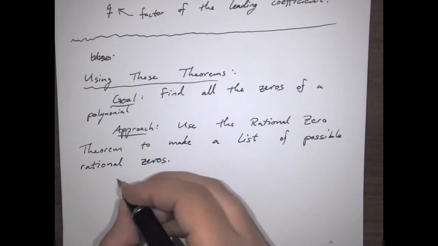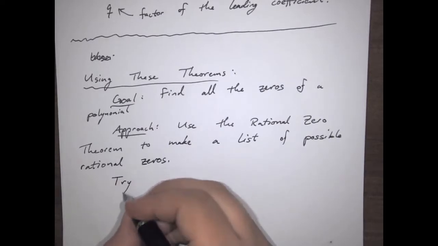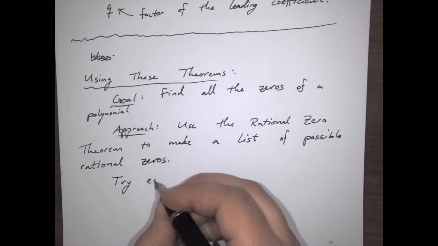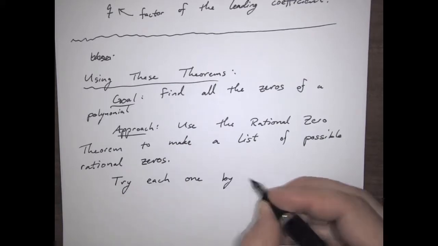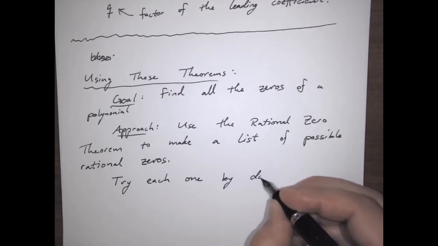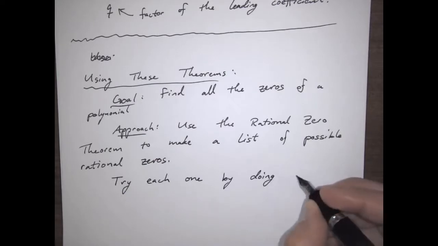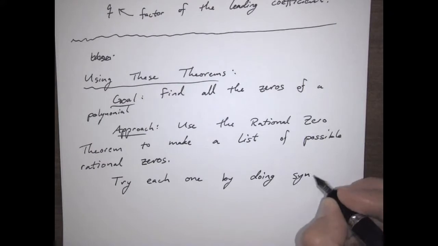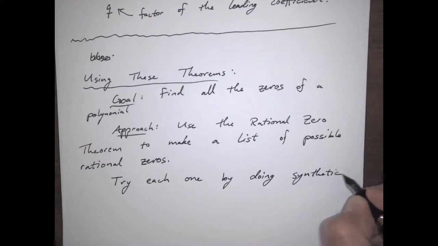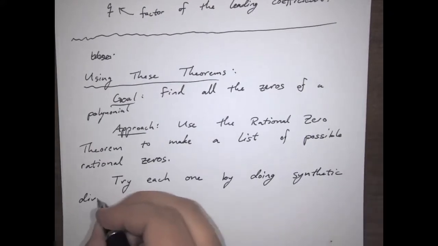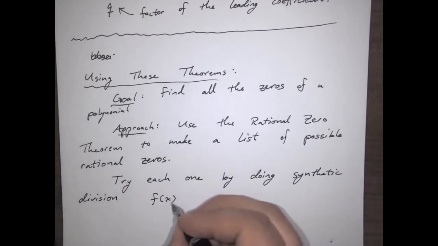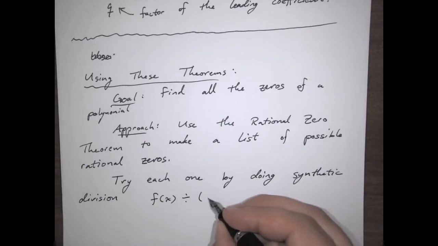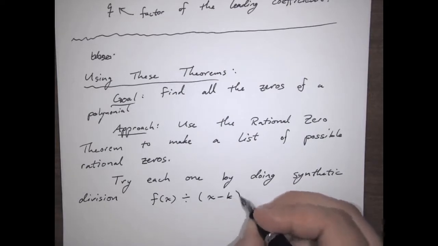Then try each one by synthetic division, f of x divided by x minus k.